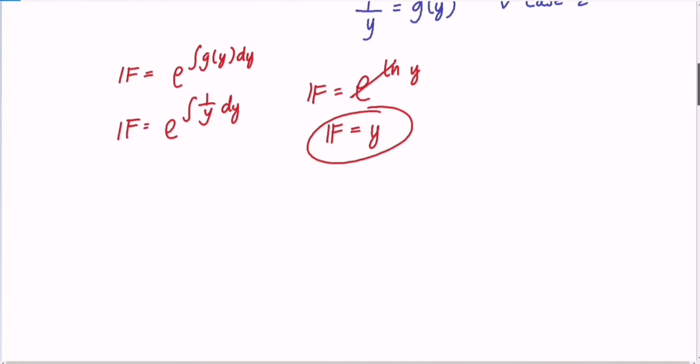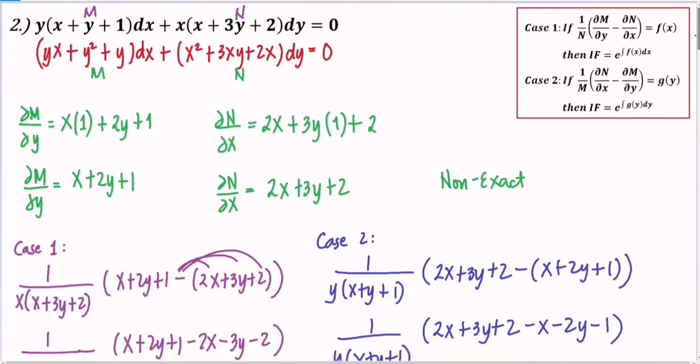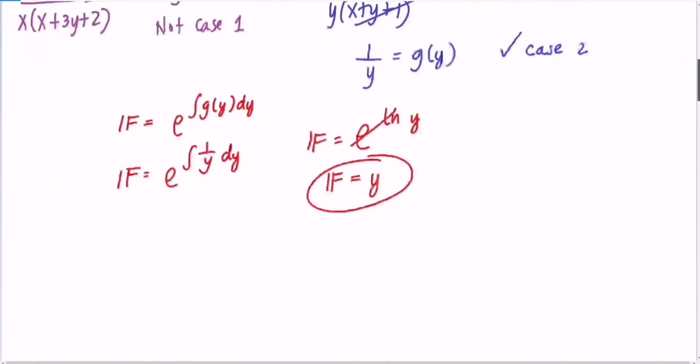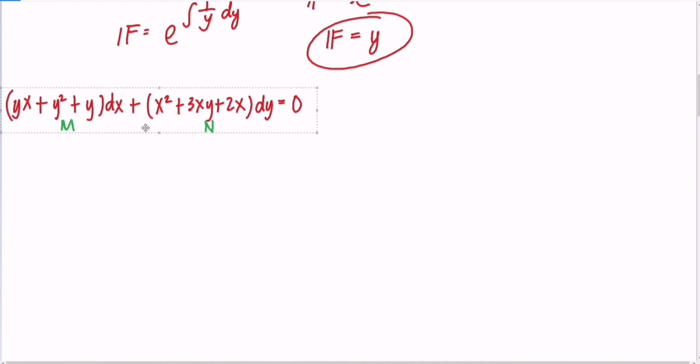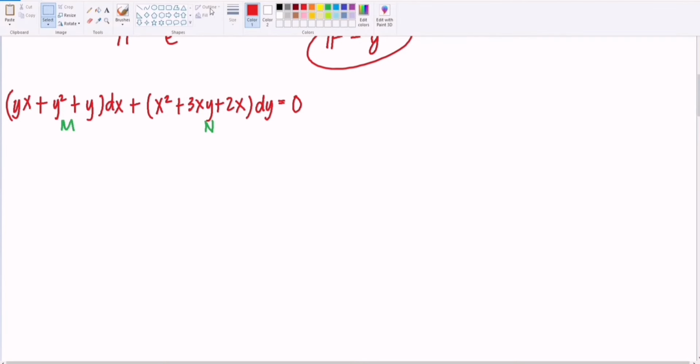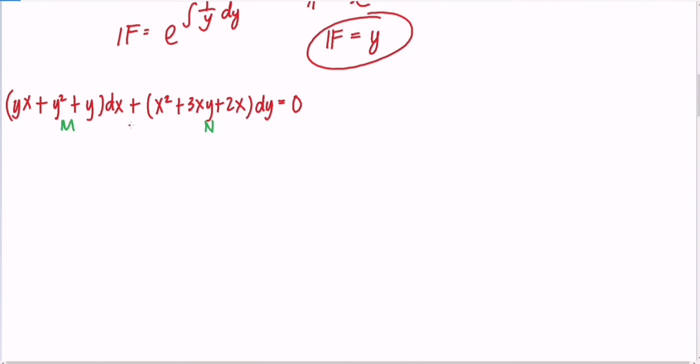Ayan. So, ano gagawin natin sa integrating factor? I-multiply natin doon sa ating original function. So, kokopyahin ko lang ito, guys. Ayan. So, ang gagawin natin, magkakaroon tayo ng panibagong equation. I-multiply ko yung y na yan, yung integrating factor, dito sa ating equation.